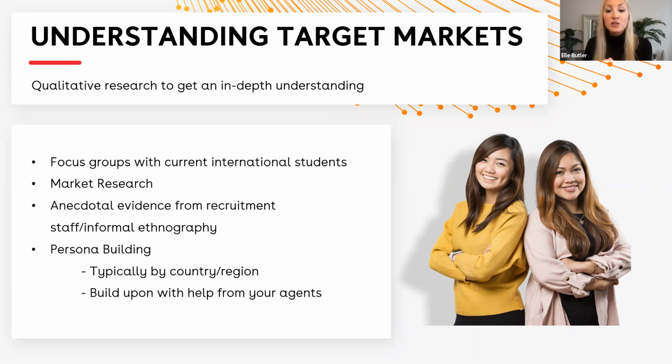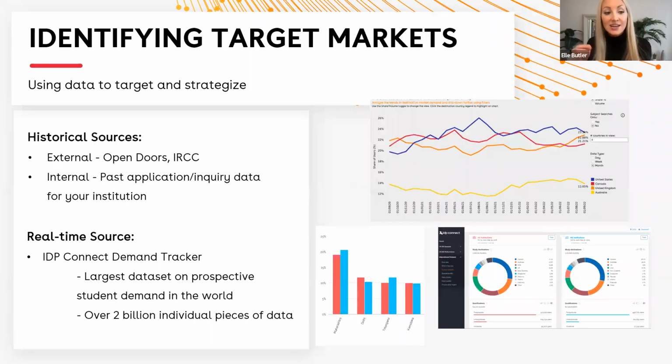So you need to identify which countries or regions that you want to target. To do this, you want to look at the data of international student mobility. So of course, using historical sources like Open Doors in the US and IRCC in Canada, and where your applications and inquiries have typically come from in the past, but also staying ahead of the curve and looking at real-time prospective student data, such as our demand tracker tool, which tracks international student search behaviors across our websites.